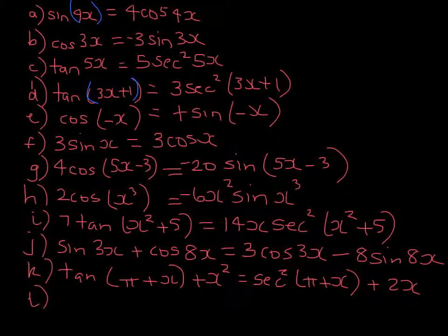x tan x. Now this is actually x times tan x. And so this leads us to the product rule. We've got two variables that are being multiplied and we need to derive them.